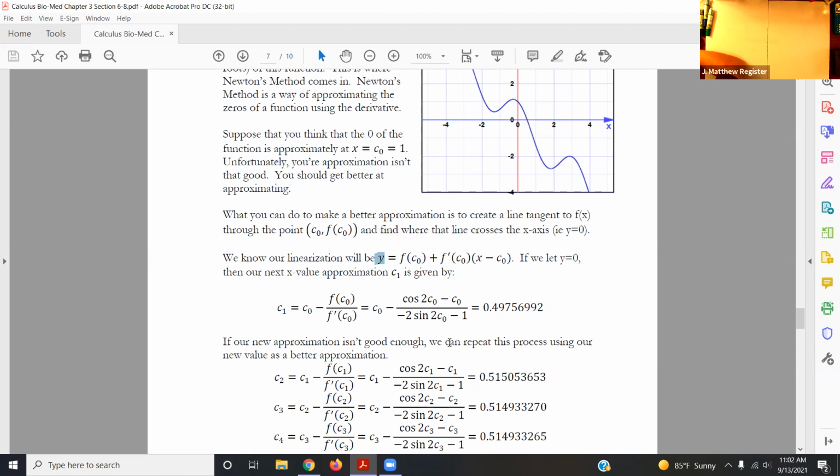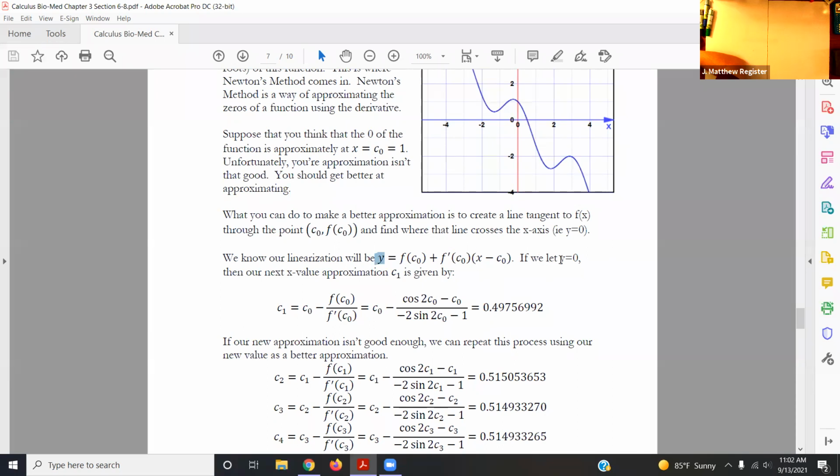If we let this y value be equal to 0, since we're assuming that it's going to be where it's crossing the x-axis, that would give us the new approximation, because then we could figure out what c value is going to give us that process.